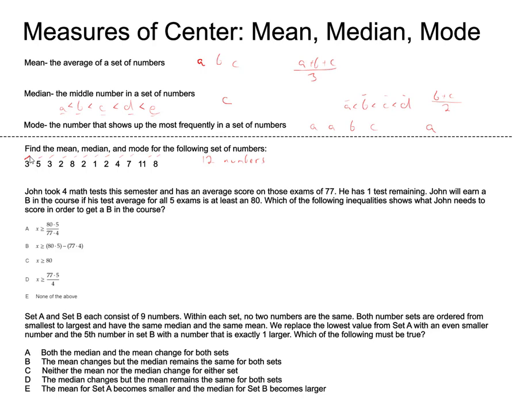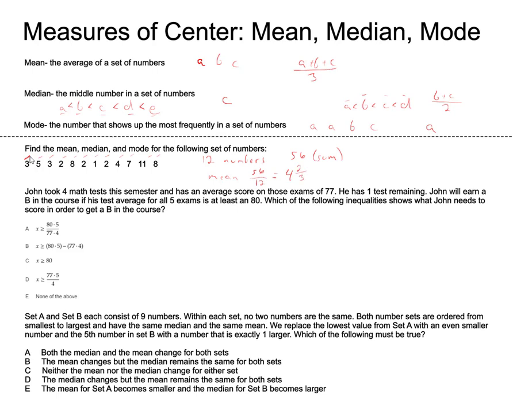You can do that on a calculator, or if you're good at mental math, you can do it in your head. Anyway, when we add up the value of those 12 numbers, we get 56. And that's the sum of the numbers. So the mean is going to be 56 over 12, which is equal to 4 2/3.